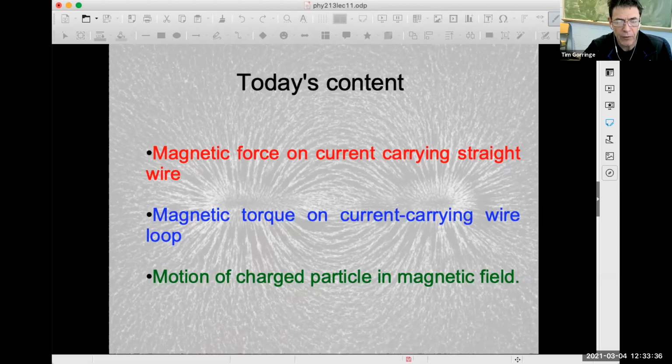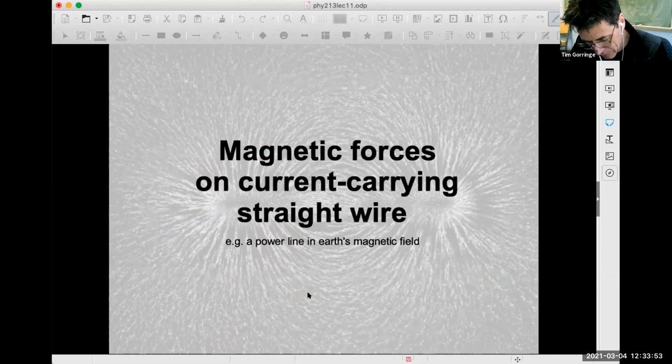That's also a very famous problem in electricity and magnetism. And then finally, I'm going to talk about the motion of moving charged particles in magnetic fields. So those are the three topics. Let's start with the magnetic force on a long straight wire.